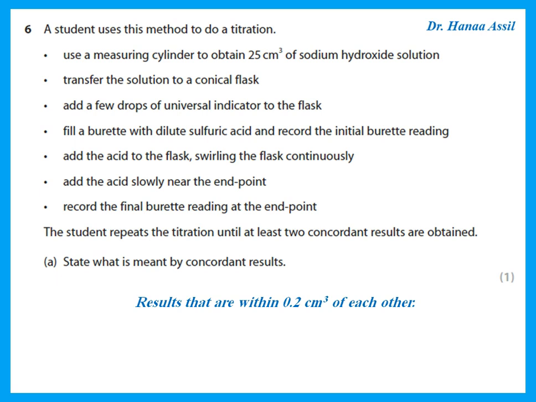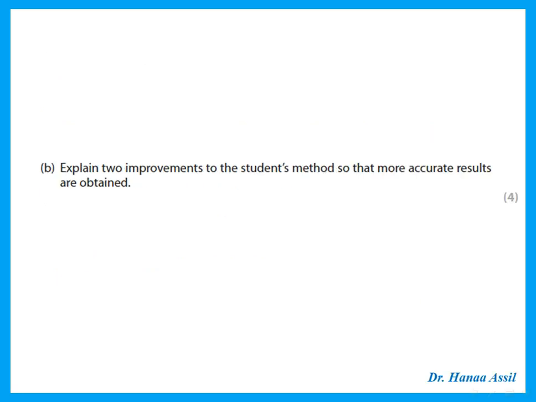So they shouldn't be far apart. The difference between the results should be 0.2 or less. If it is too far away from each other, then these are not suitable, and I need to repeat the experiment until we have results that are within 0.2 centimeter cubed of each other. So we call that concordant results.